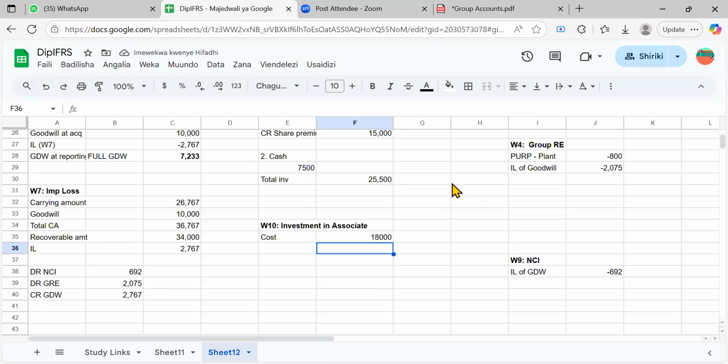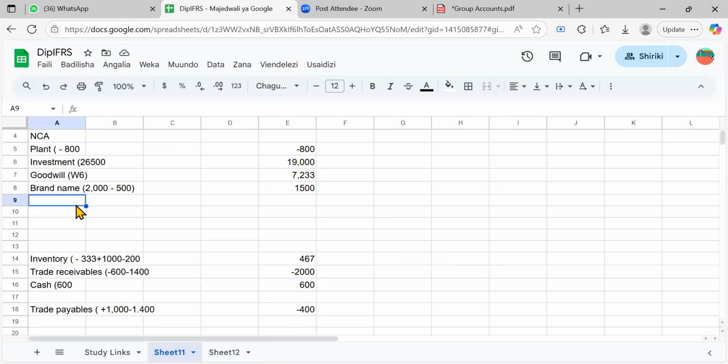After getting the 18,000, you would say this was the investment in associate. This is what we usually do. But no worries, we don't need to do any double entry because we are told all the cash considerations had been recorded.